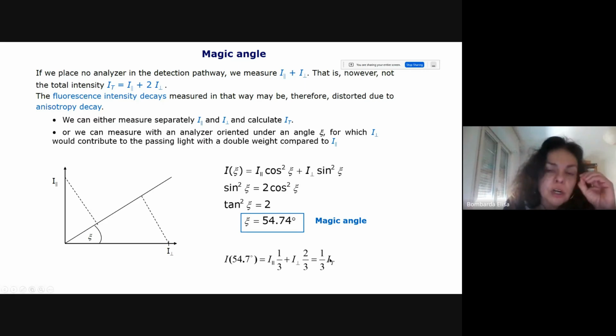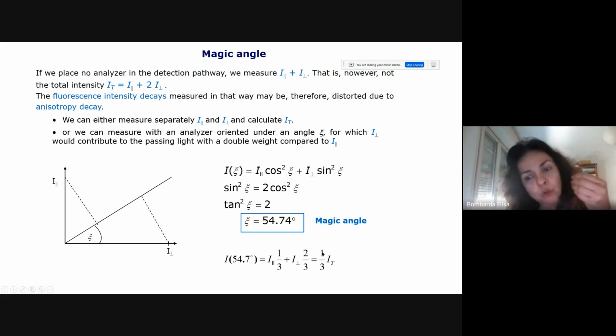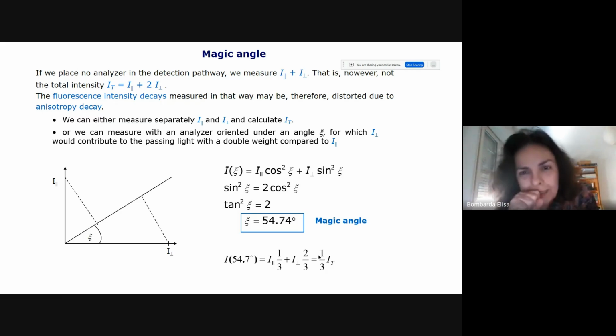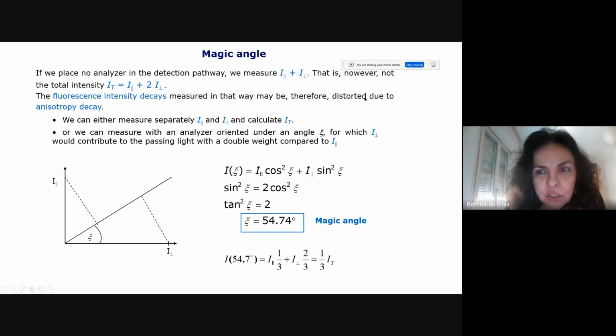So we don't measure the total intensity, but we measure 1/3 of the total intensity, but we know that it is 1/3, so to get the total intensity is easy. So that is a way, and we will see when we make time resolved fluorescence that the polarizer is actually put in the emission beam, to be sure that we get the full light, not distorted due to anisotropy decay.